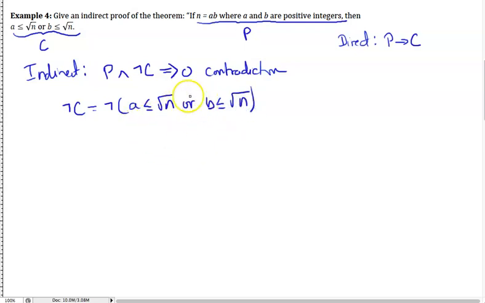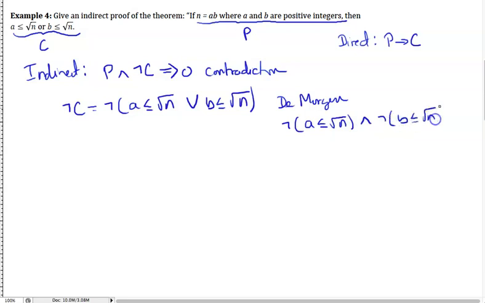So this is an or right here. Because I'm negating the whole statement, we need to use de Morgan's law to write not a less than or equal to square root of n, and not b less than or equal to square root of n.